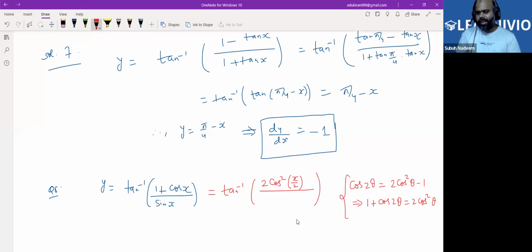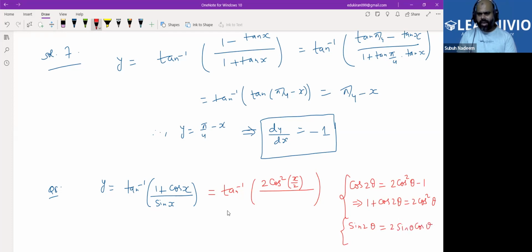And what will be sin x? What is the formula for sin 2 theta? Two sin theta cos theta.